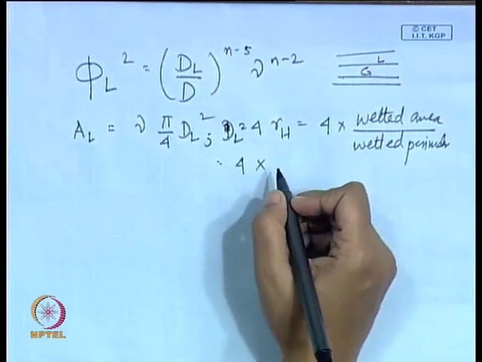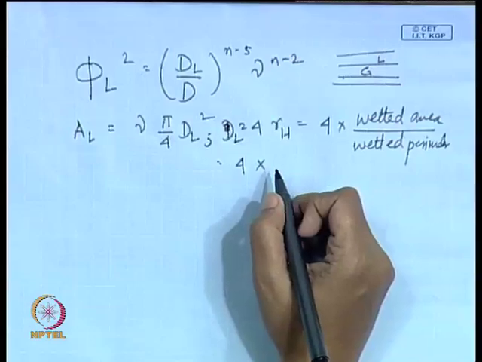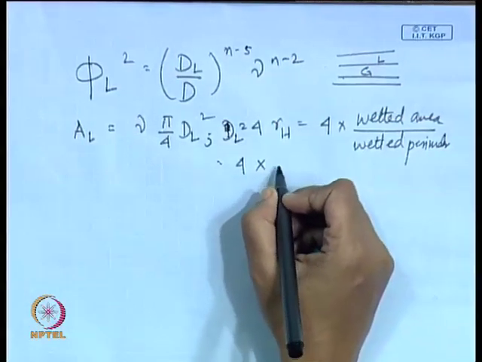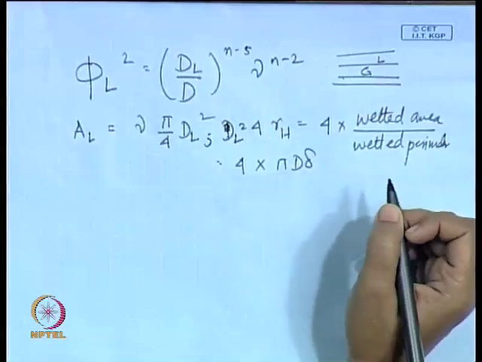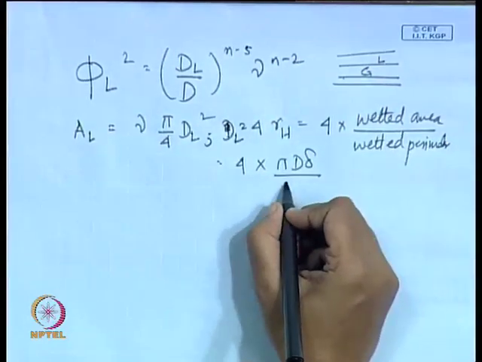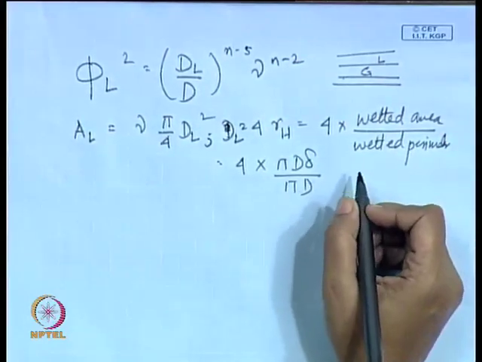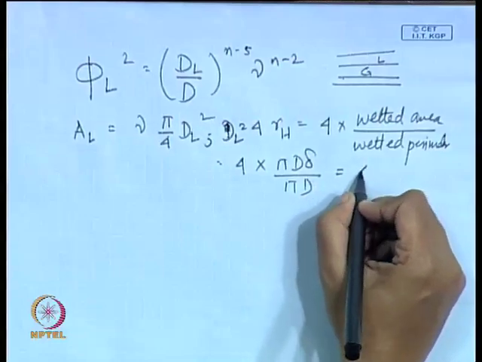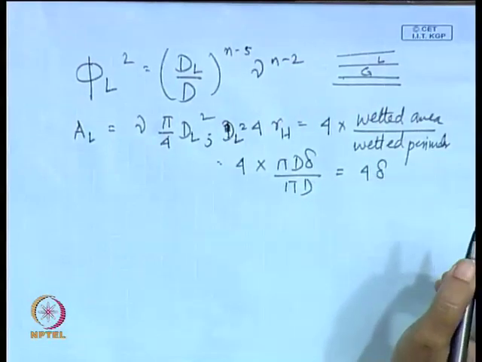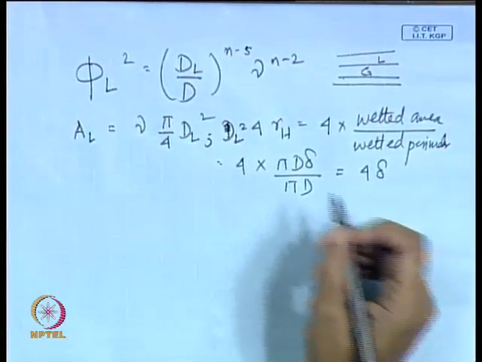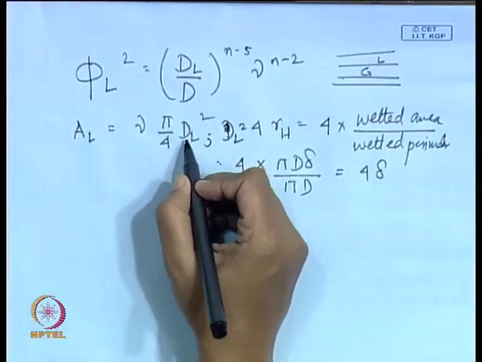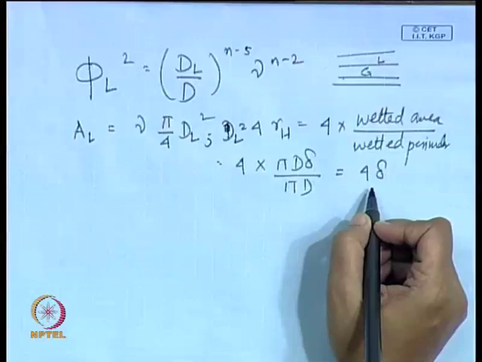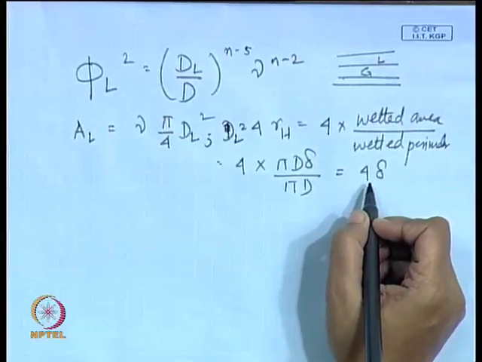So, what is the wetted perimeter in this particular case? The wetted area is pi d delta, and the wetted perimeter is equal to pi d. Therefore, your 4 R h equals 4 delta. Agreed? So, in this particular case this d L can be substituted by 4 delta, fine.